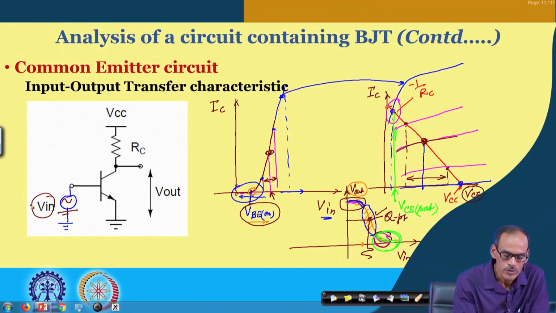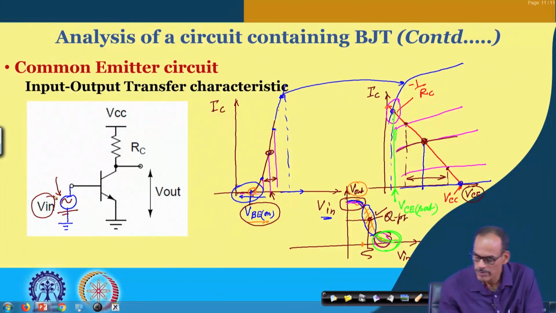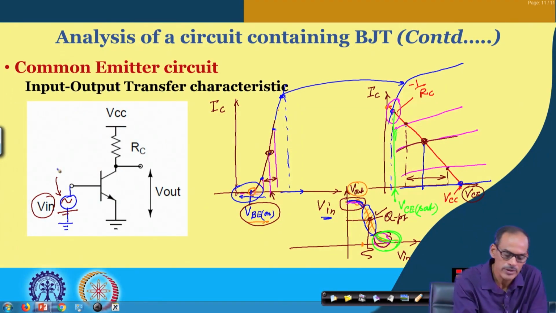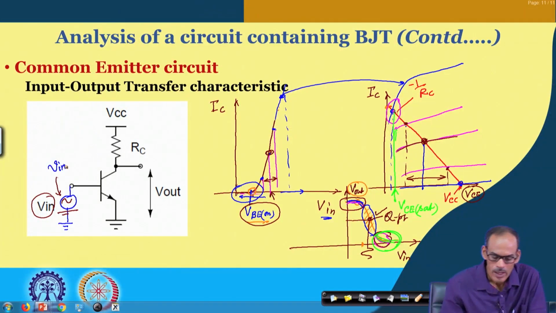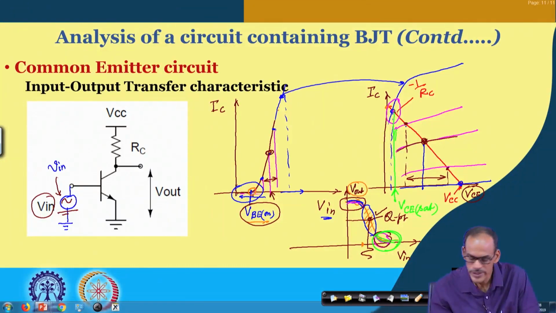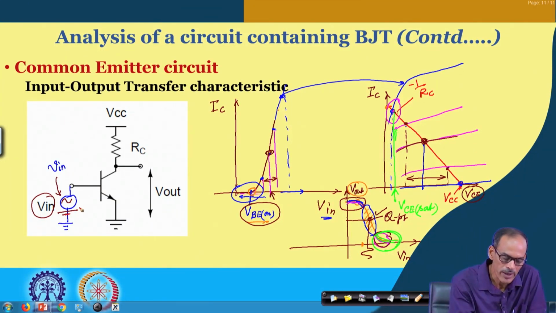The small signal part we denote by small v in, and on the other hand the large signal part, or the DC part, which defines the operating point, we denote by capital V B E or whatever, capital V I N. Let me write here capital V I N.